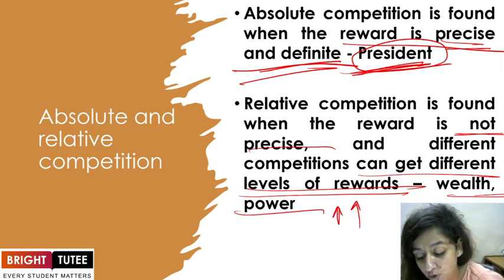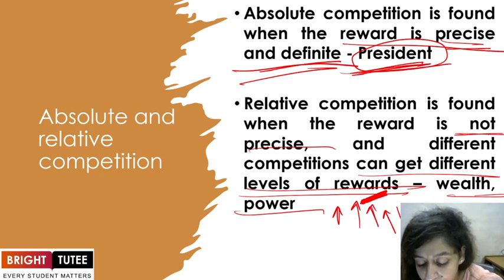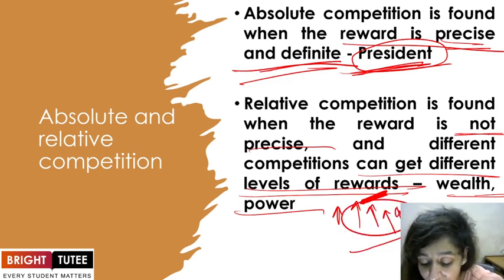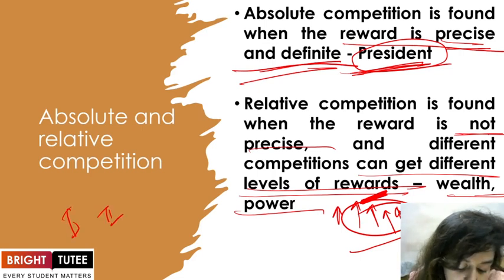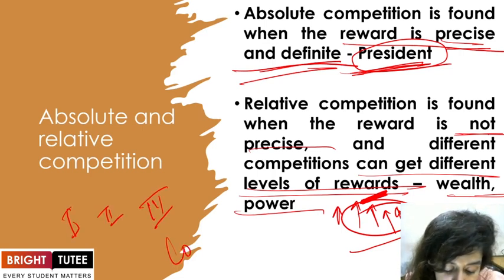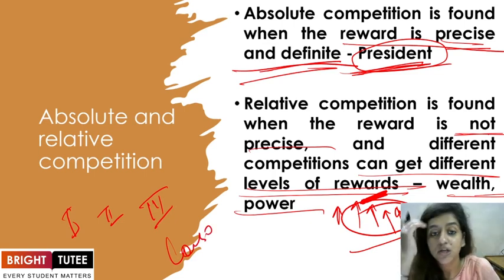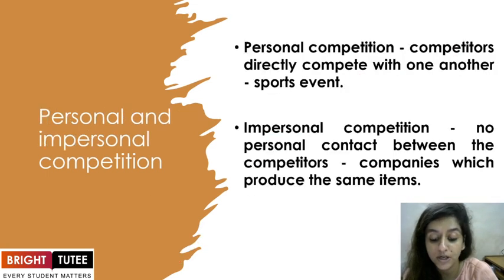So it is not only the first prize possible. You have consolations as well, and it is a relative game of who comes first, who comes second, who comes third, and who gets the consolation. So this is what is talked about in the relative competition.